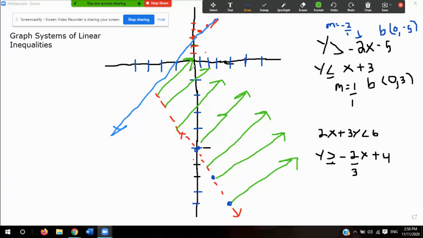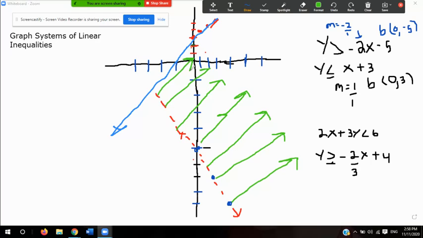And what's going to happen is that in the case of the other graph, which is y is less than or equal to x plus 3, that is also going to continue.